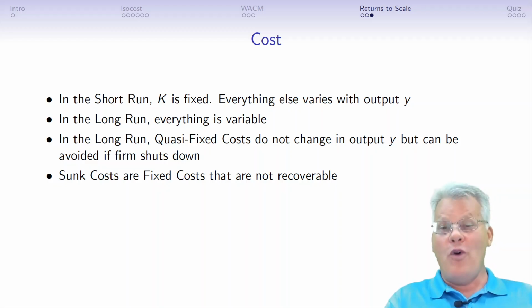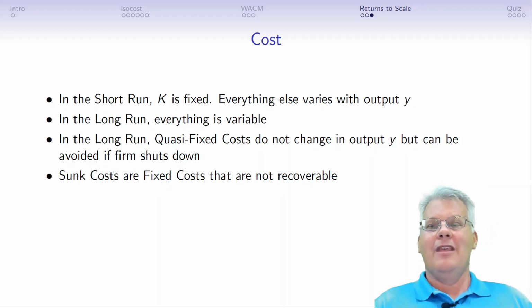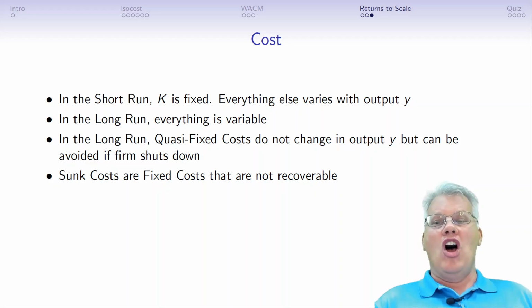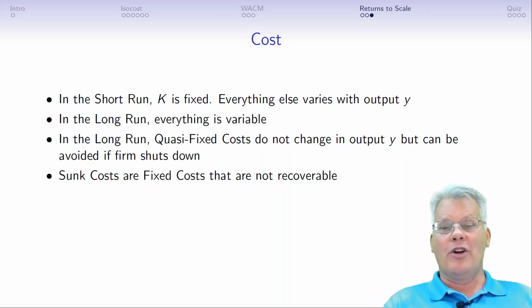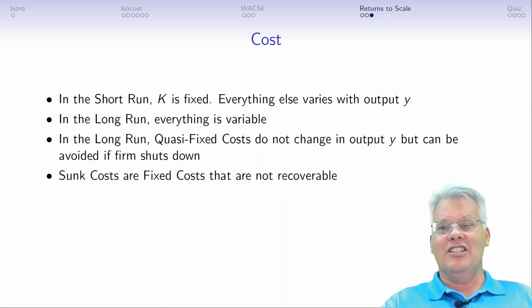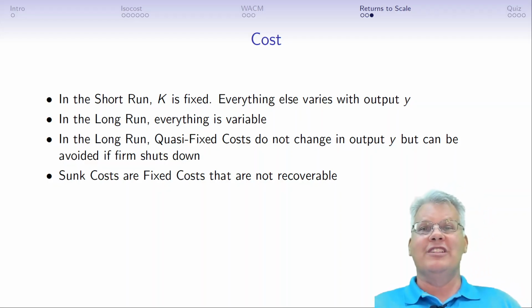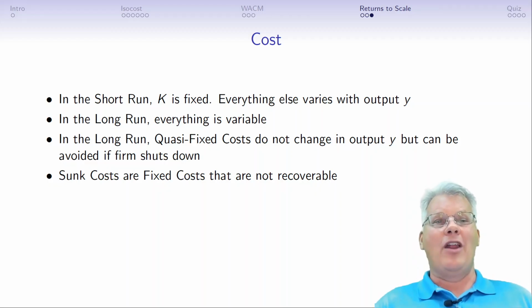It can be avoided if my class were not held. And finally, sunk costs are fixed costs that are not recoverable. So it would be a cost that doesn't change in output, but when the firm liquidates, it can't be sold to an alternate use. It's basically money down a rat hole.